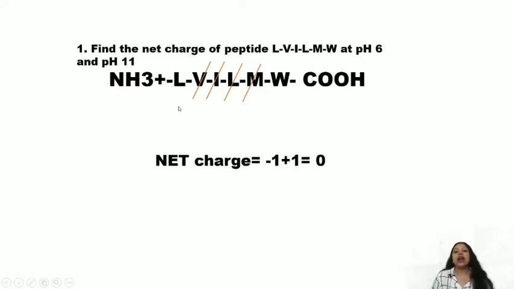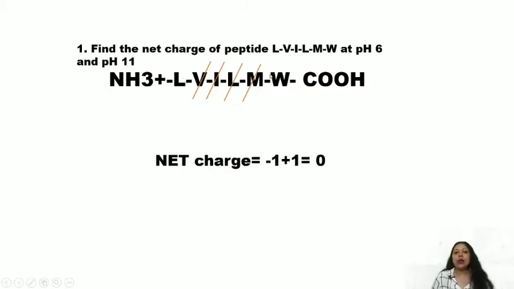The answer is, whatever your terminal amino acid is, it will contribute to the net charge of the peptide because its amino group and carboxyl group are free ends. In the rest of the amino acids, the carboxyl and amino groups are involved in the formation of peptide bonds, so these are not free.